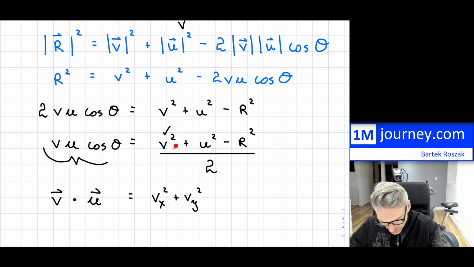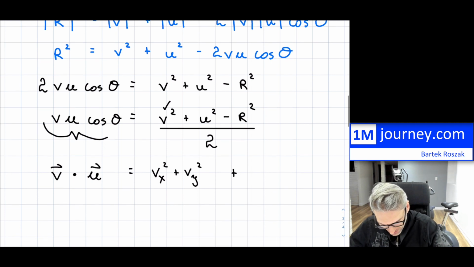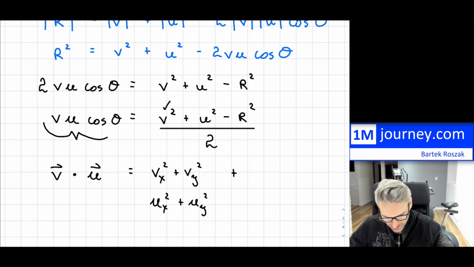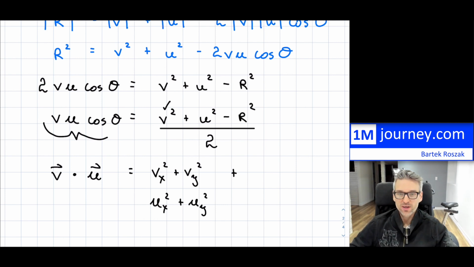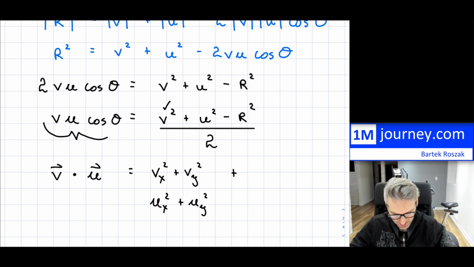That's my first component. Next, plus my second component, which is u. I'm going to write it just below, and this is going to be ux squared plus uy squared. Again, it's the magnitude squared, so that square root falls apart.